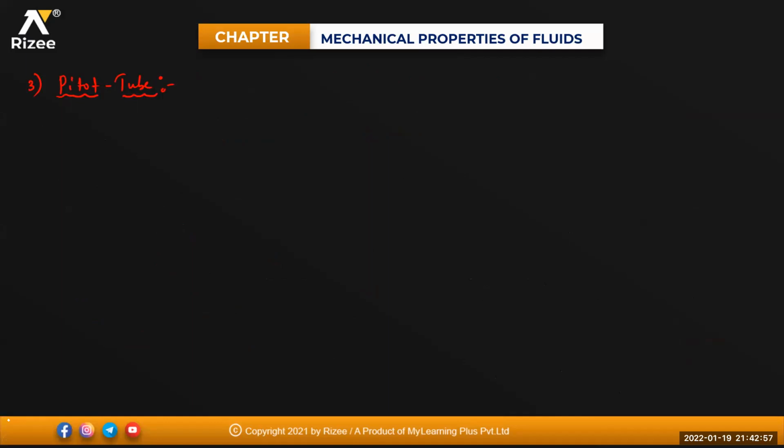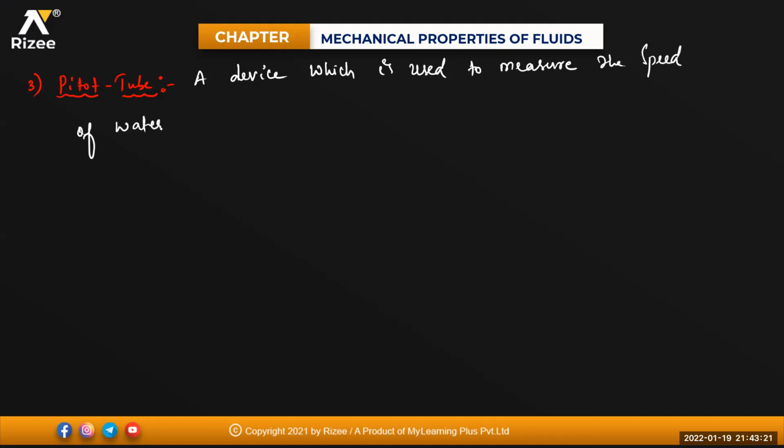Okay, a device which is used to measure the speed of water in the river is called a Pitot tube.